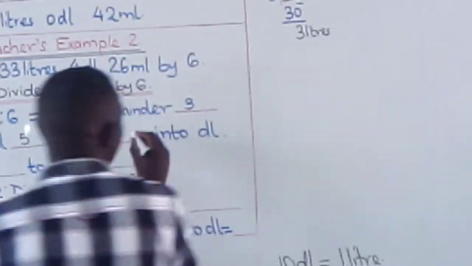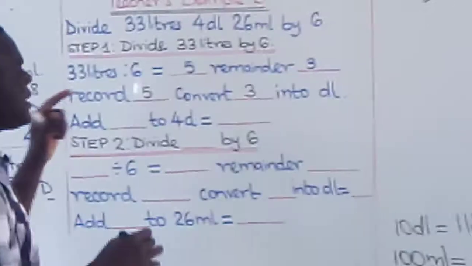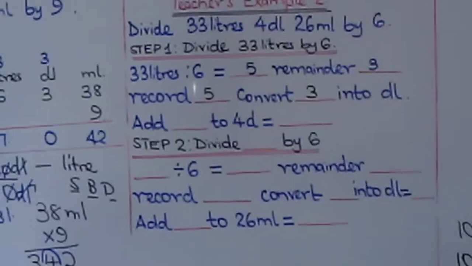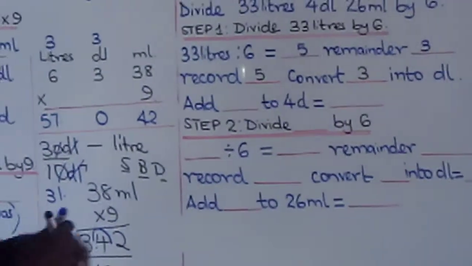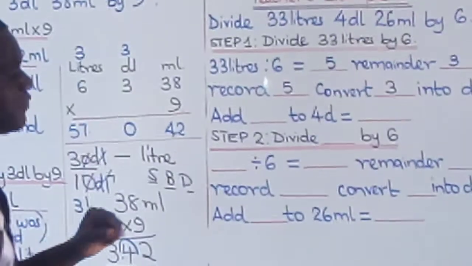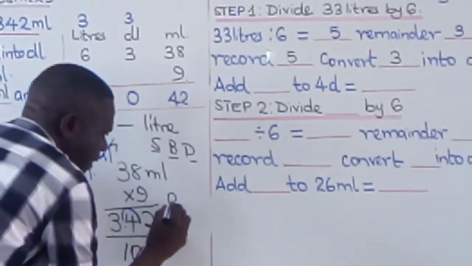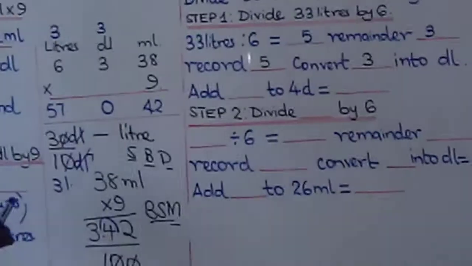And so we convert the remainder, the 3, into deciliters. Remember, from liters to deciliters, from a bigger to smaller, multiply, BSM.